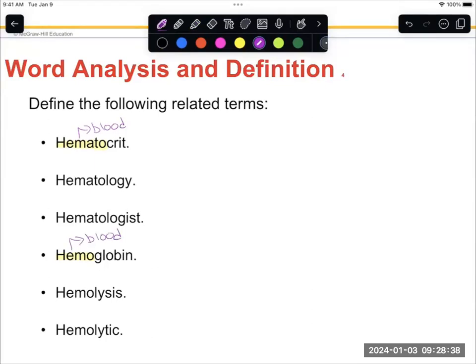So that gives our combining form for all of these words. Let's look at the next part. Remember that hematocrit tells us the percent of blood that is red blood cells.